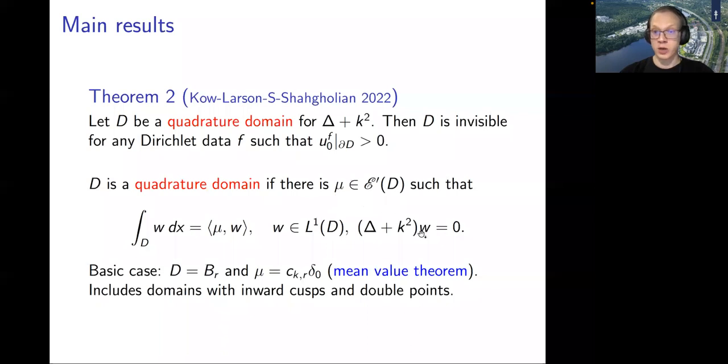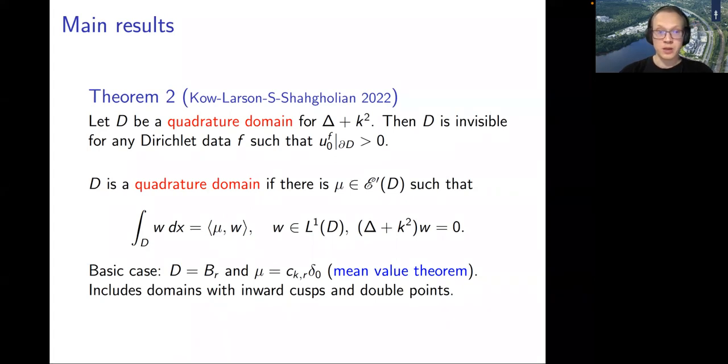If you take any solution W of the Helmholtz equation in D, which is in L1 of D, then the integral of W over D is equal to the pairing of mu and W.